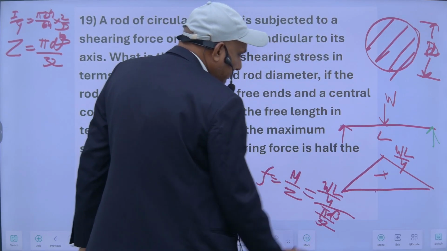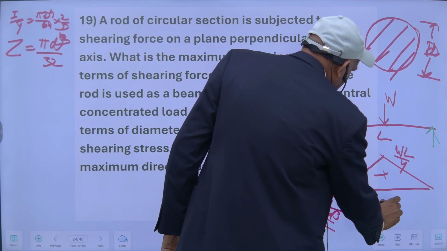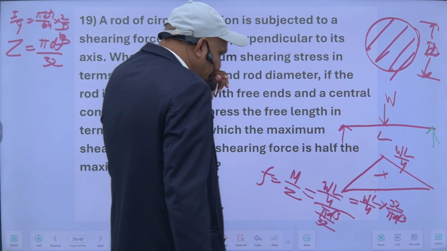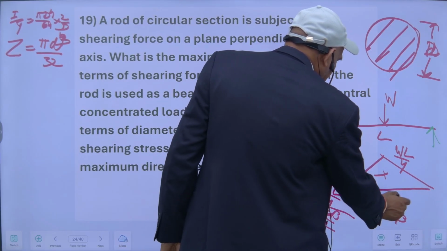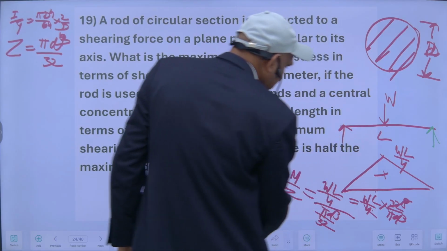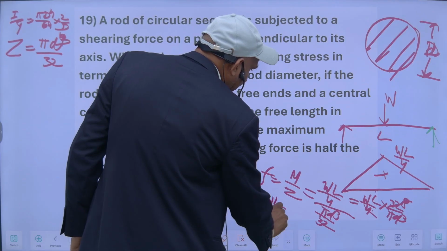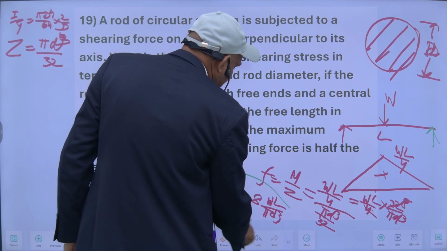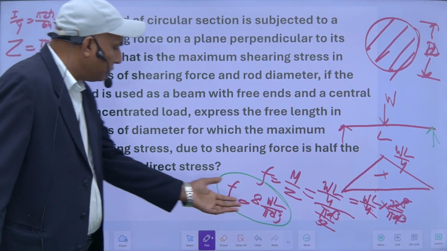So it will be WL by 4 into 32 upon pi d cube, and this will be 8 WL upon pi d cube. So this is f. f is 8 WL upon pi d cube.